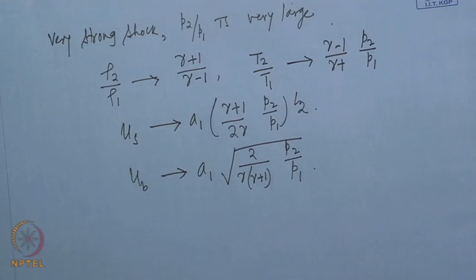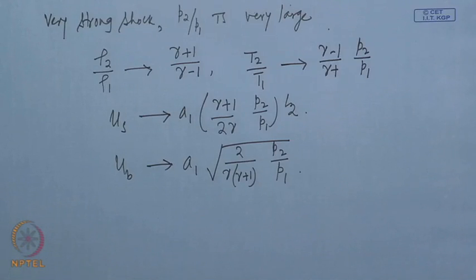So, in our discussion of flow through a uniform duct or flow through a normal shock, we have seen that when a supersonic flow crosses a normal shock, its pressure increases very rapidly, by a jump, and in the limiting case of a perfect gas with gamma equal to 1.4, the pressure jump can approach a very high value.